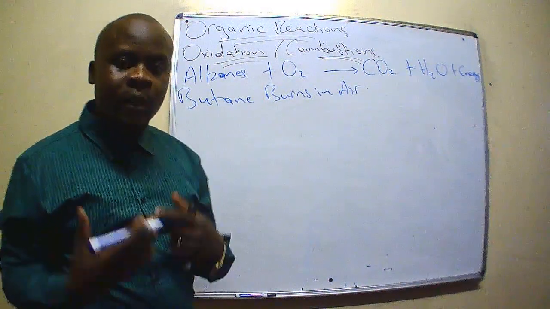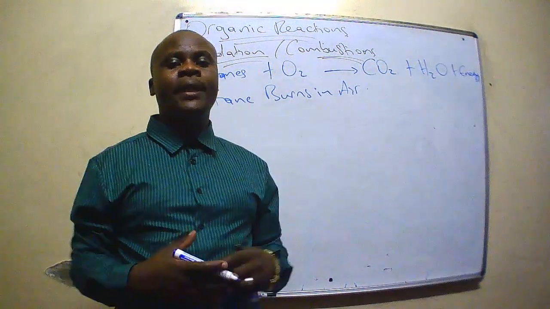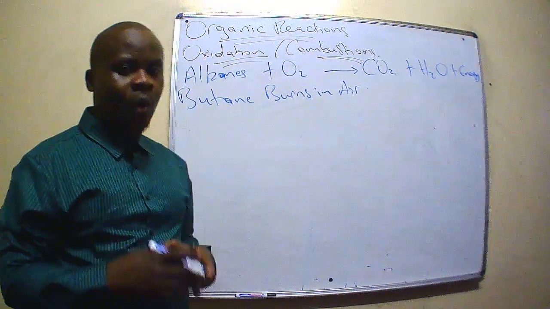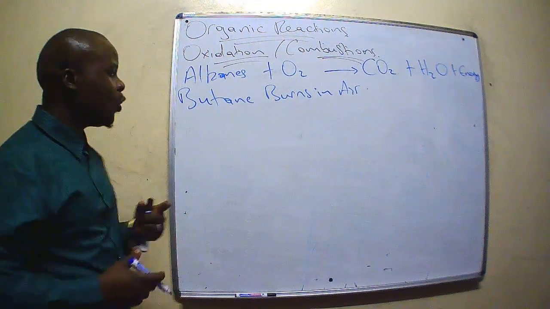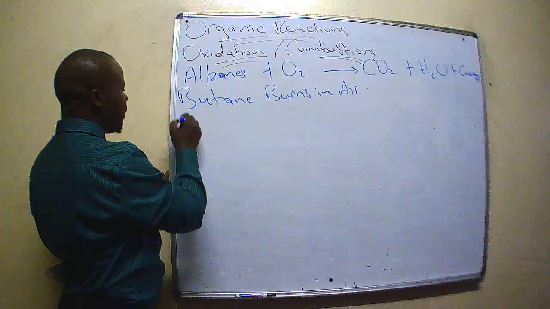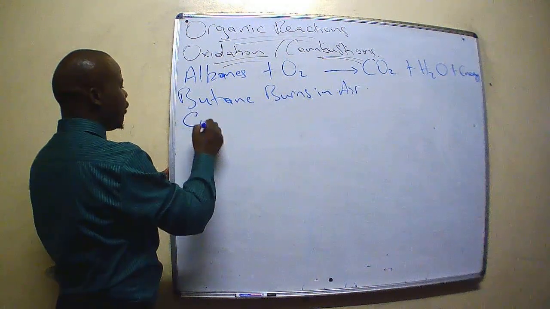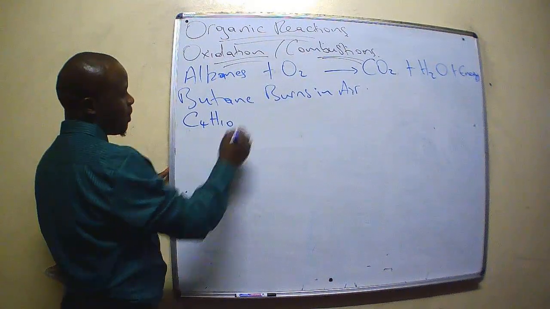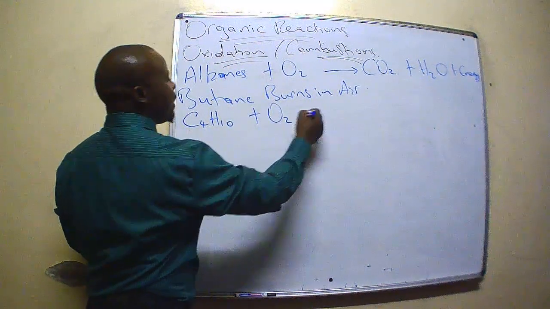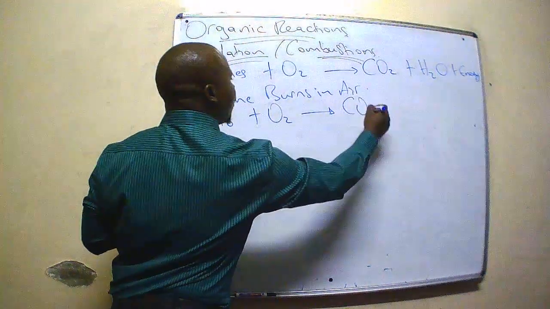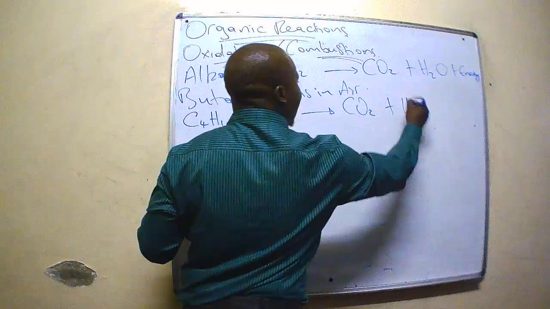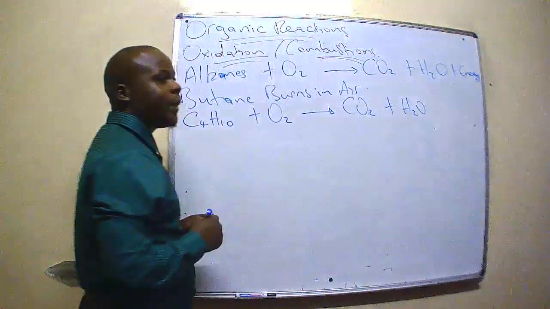What is most important today is we want to understand how do we balance oxidation reactions. So butane, the molecular formula of butane, we have C4H10. It reacts with oxygen, and we have carbon dioxide and H2O as the products.